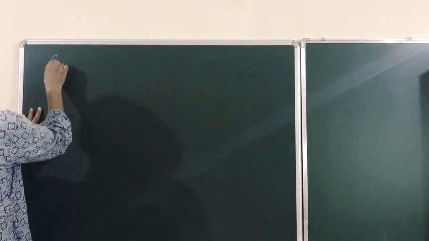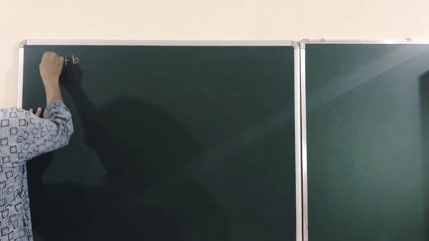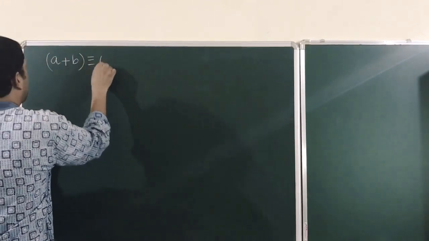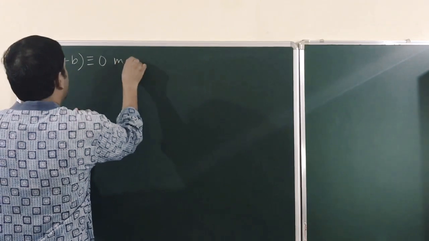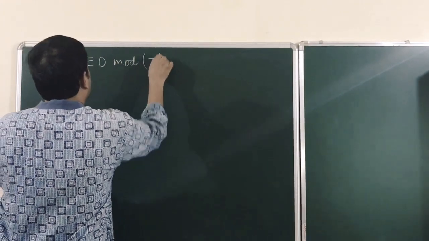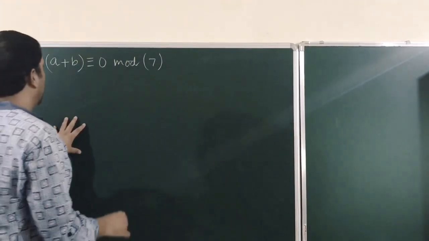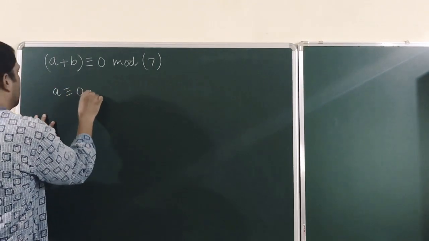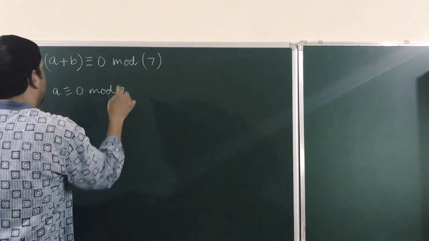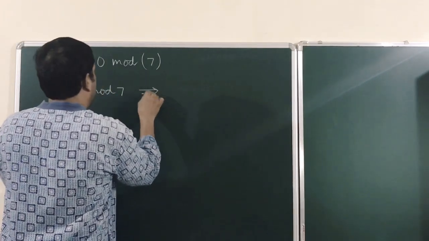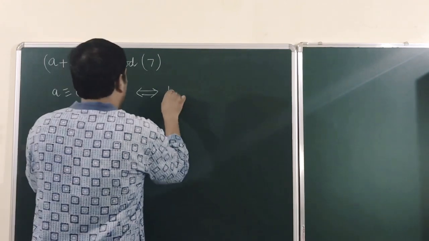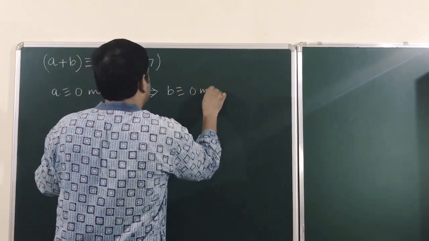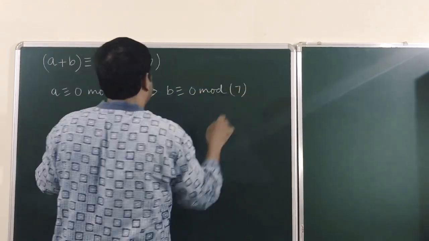So we can write, if we have two numbers a and b, a plus b congruent 0, let's say mod 7. And if a is congruent 0 mod 7, that implies that b is congruent 0 mod 7 and vice versa.